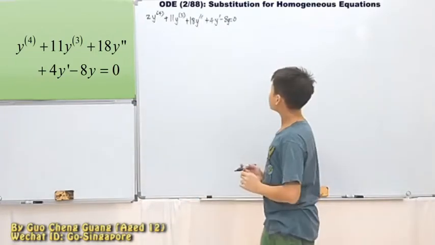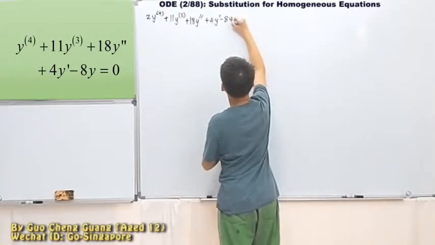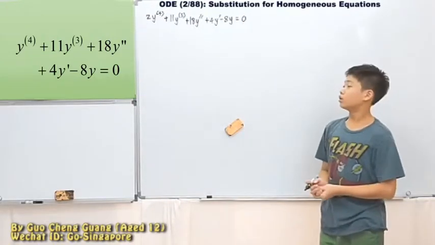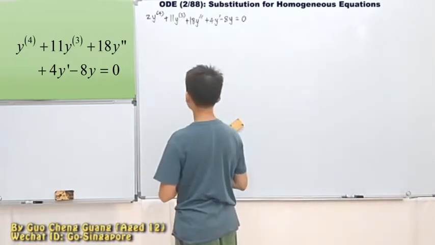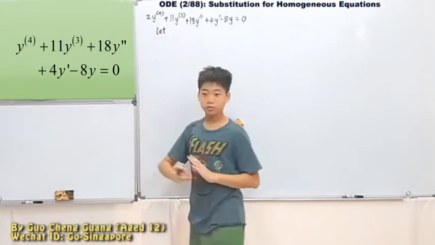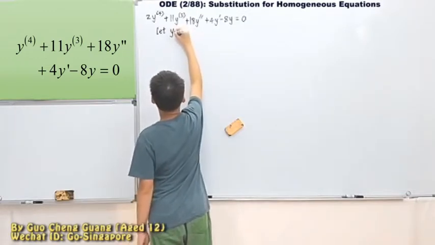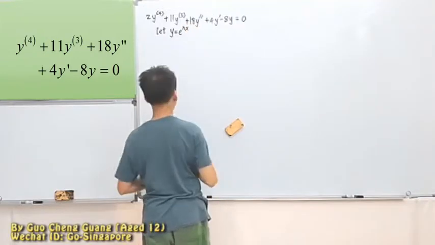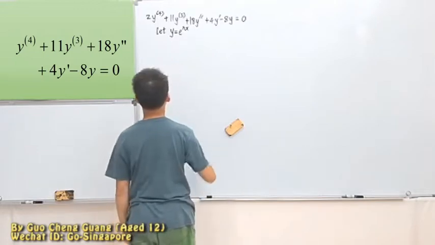Well, for this, wait, let me just write this back. Okay, like this. So for this question, we are going to use the characteristic equation. So first of all, we'll need to let y be e to the power of lambda x. Okay, so we can just make this substitution.